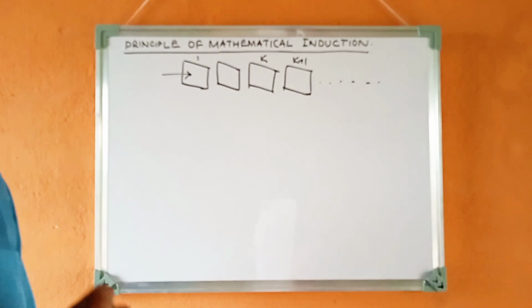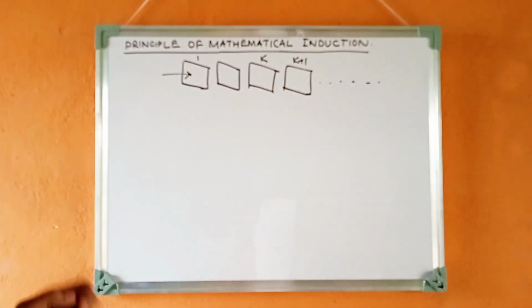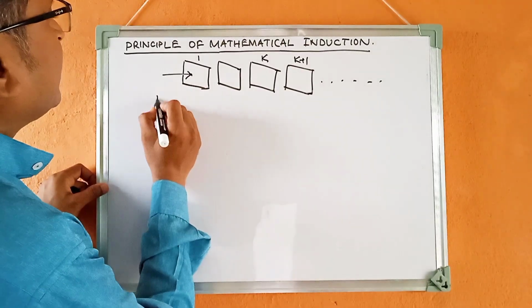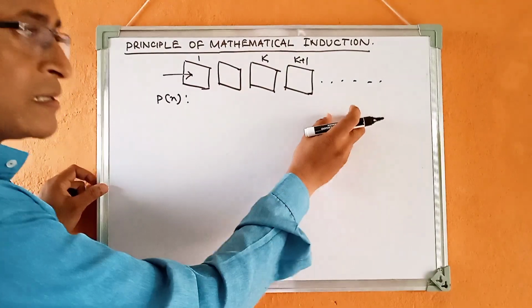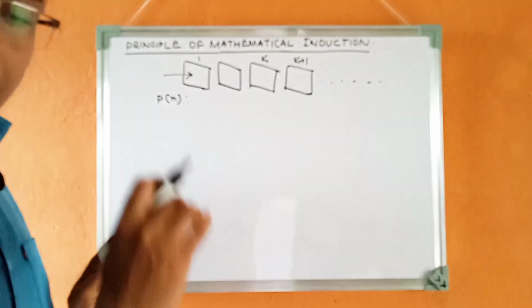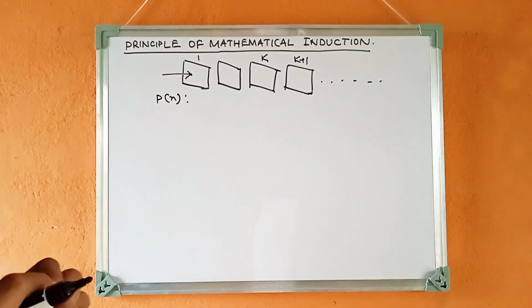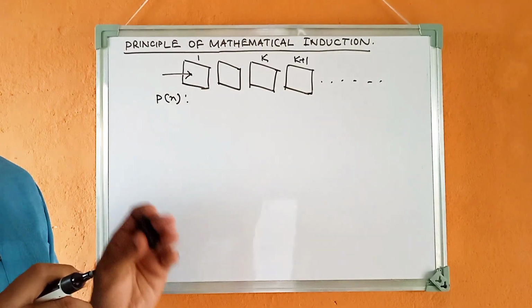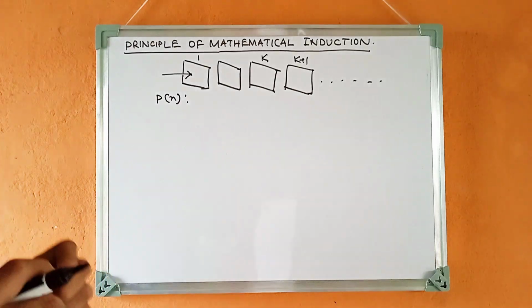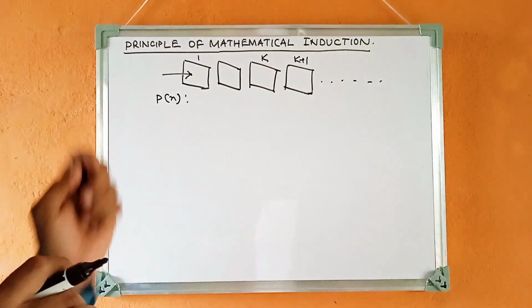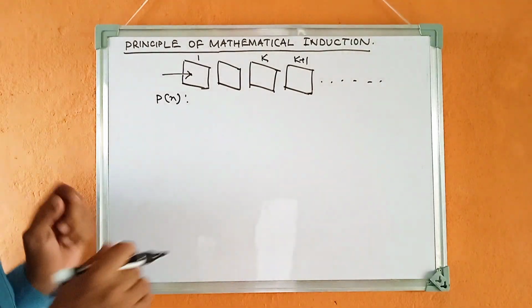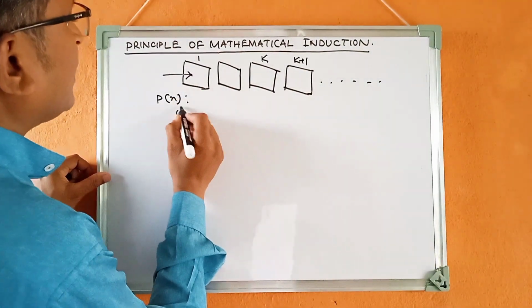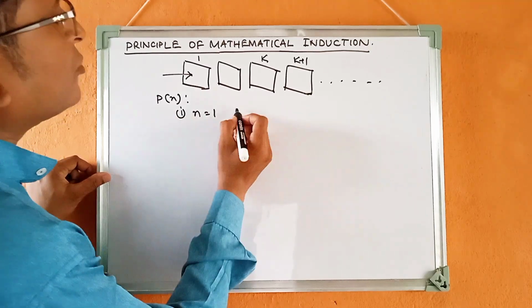Now suppose there is a given statement Pn, any statement related to mathematics, involving the natural number n. Number 1: the statement is true for n equal to 1.